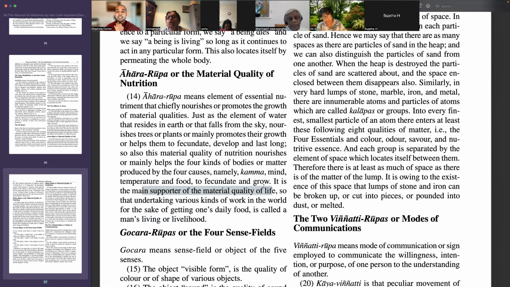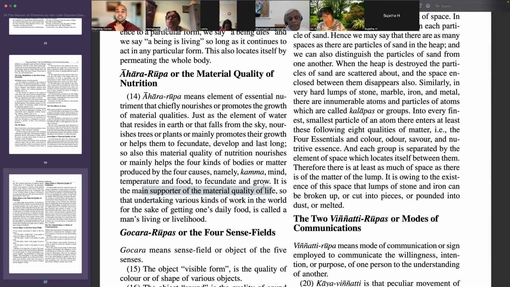I hope the others understand what we are doing here. Do you all understand why we are going through these? Because one of the reasons for the maintenance of all of this is also here, material quality of life, Jivita Rupa, right?